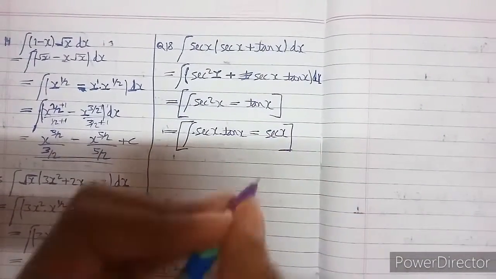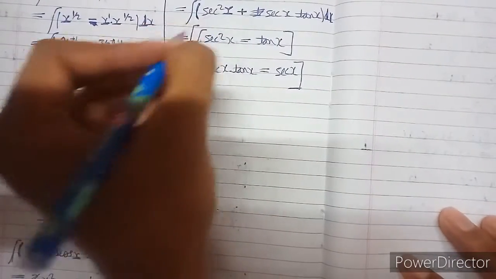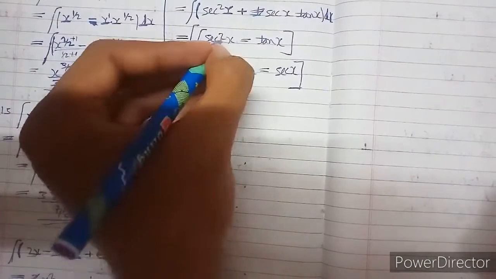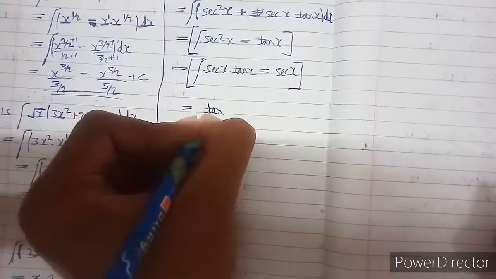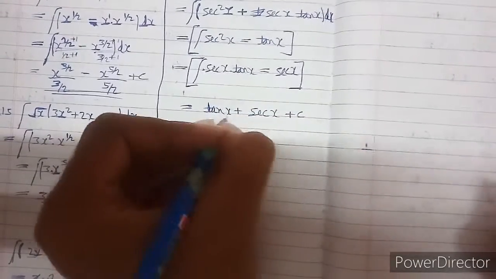So you have to learn these formulas as quickly as possible. Now putting these in our question, we will get tan x plus sec x plus c.